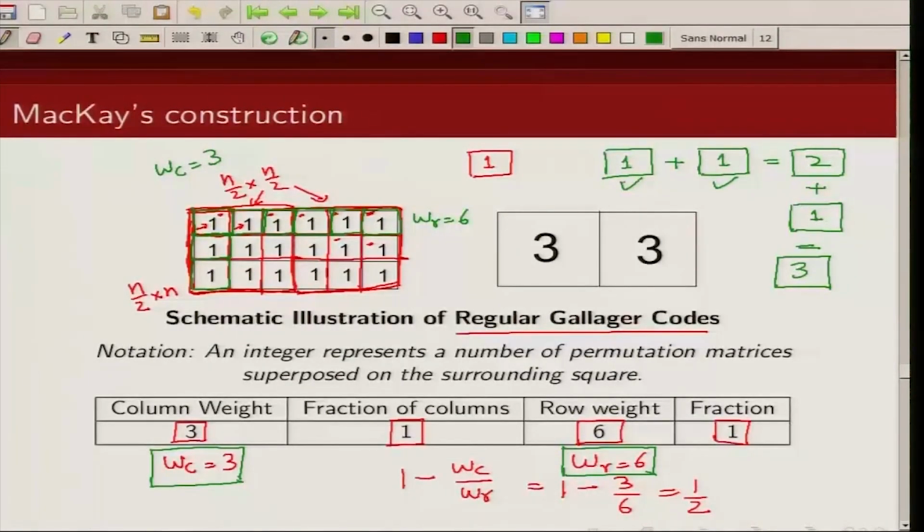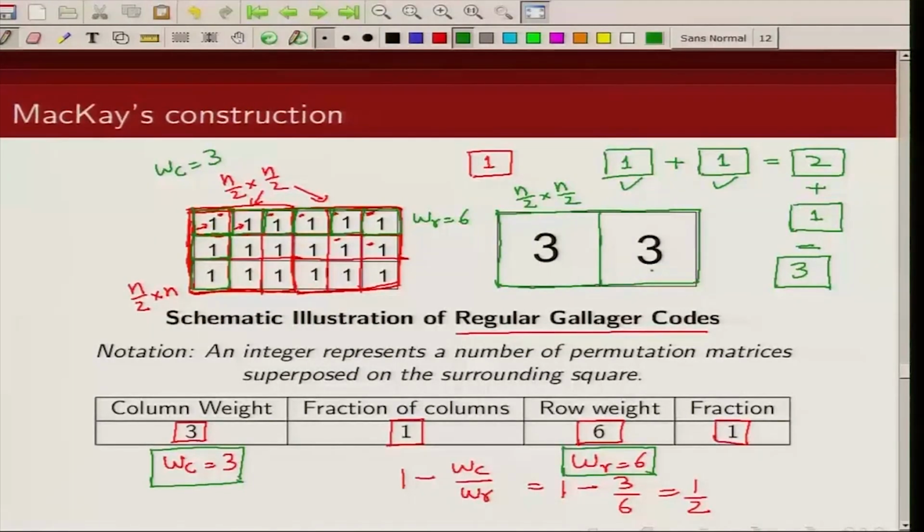So, if I overlap 3 such random permutation matrices and I ensure that there is no overlap between the ones in each of these 3 random permutation matrices, then what I will get is a matrix which will have 3 ones in each row and 3 ones in each column. I can construct another n by 2 by n by 2 matrix, this one, which is again by overlapping 3 different random permutation matrices, ensuring that there is no overlap of ones.